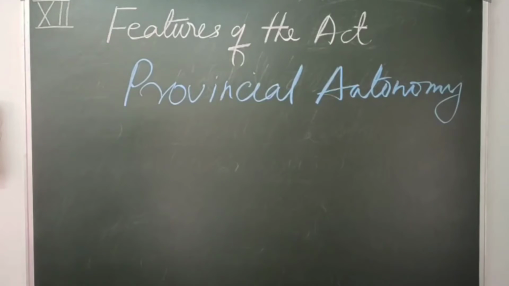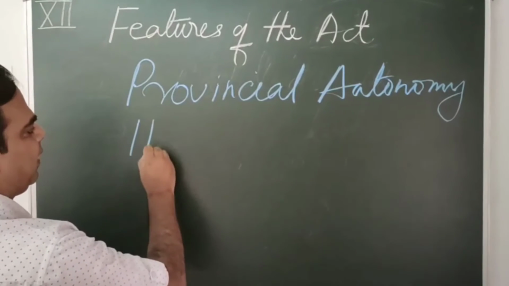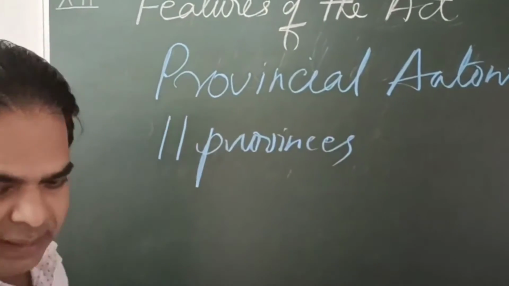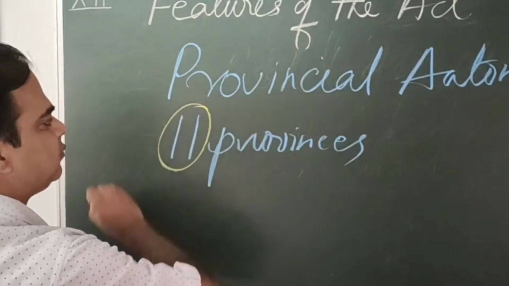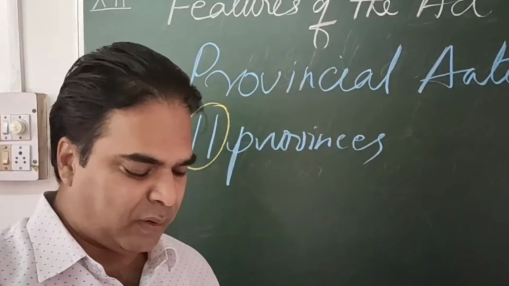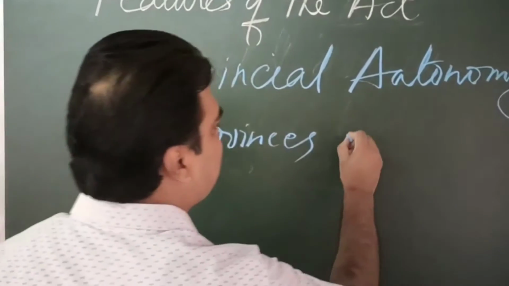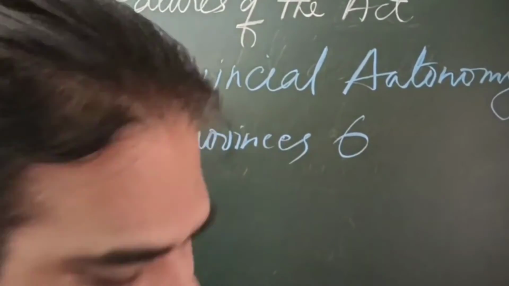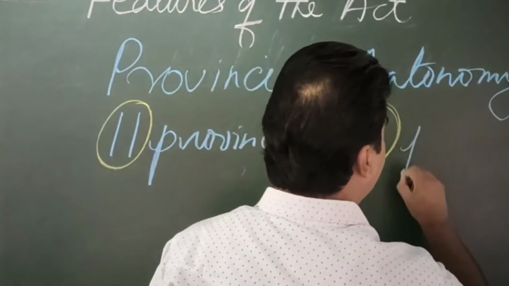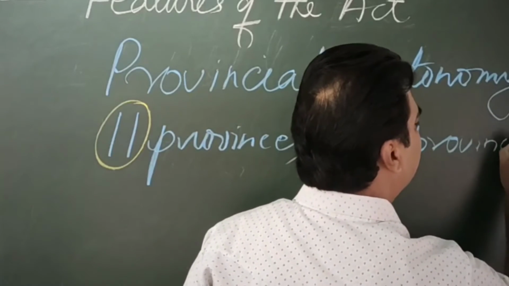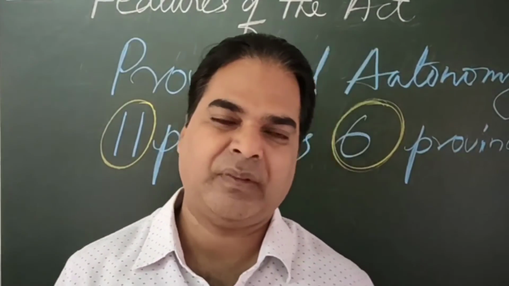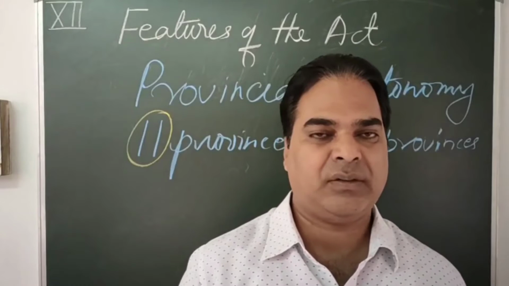Provincial legislatures. Altogether, how many provinces were there? 11 provinces. Out of these 11 provinces, 6 provinces had a bicameral legislature.